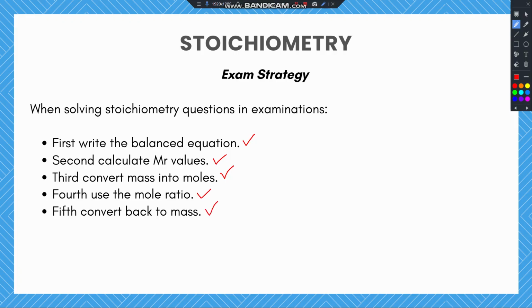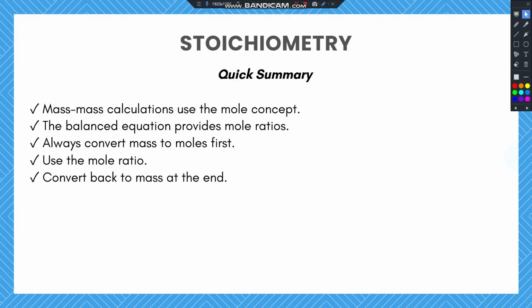And then lastly, you convert into mass. That was exactly what we did in the rundown of steps that we used to answer the examples that you saw previously. So a quick summary is mass to mass calculations use the mole concept. You saw how we applied the mole concept. The balanced equation always provides the mole ratio. So first, always convert mass into moles, use the mole ratio, and convert back into the mass at the end of the journey.